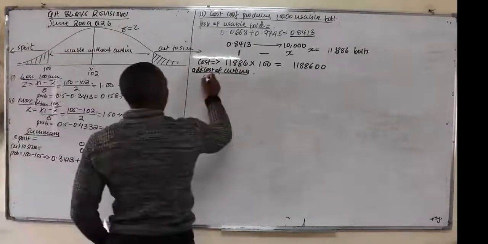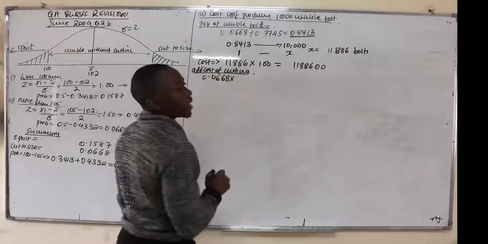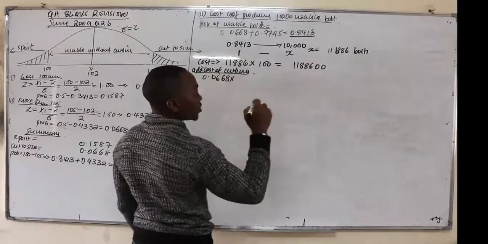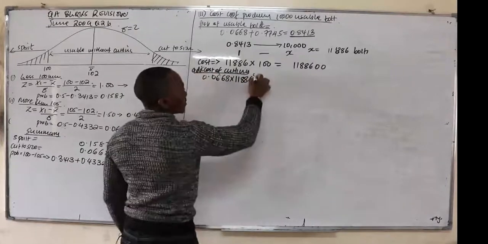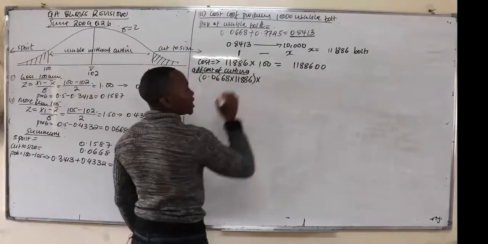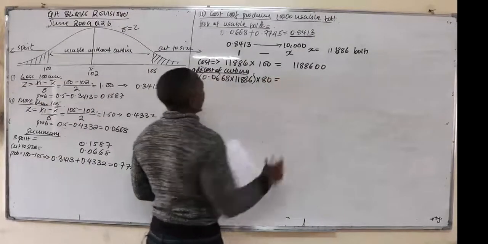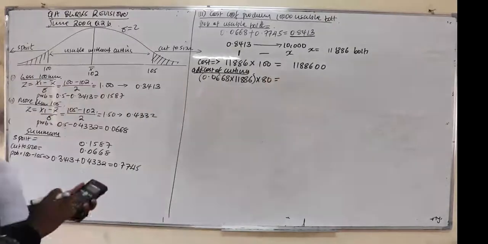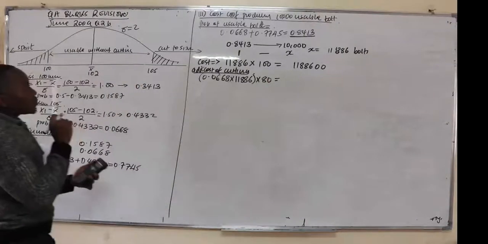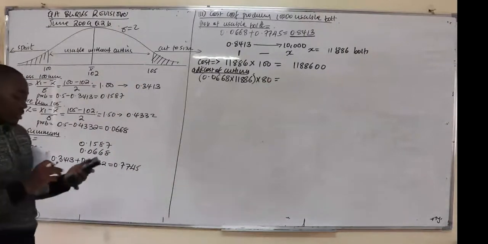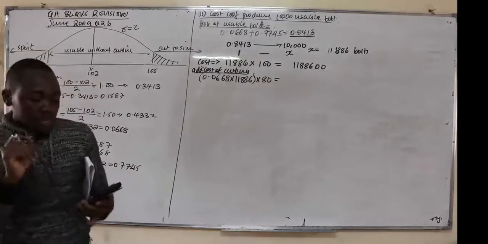So you take 0.0668 and multiply by the number of bolts produced, which was 11,886, so that you get the number of bolts deemed to be cut to size.